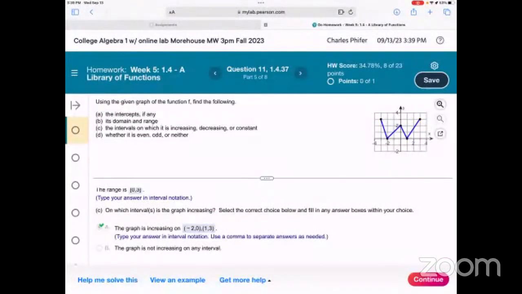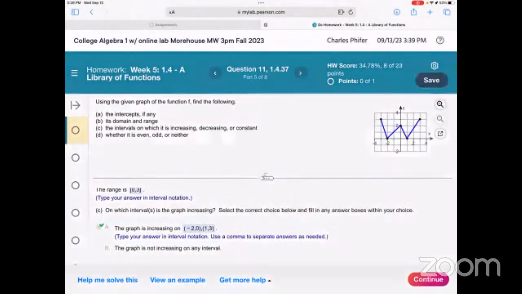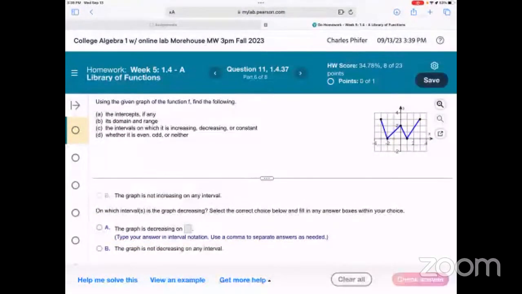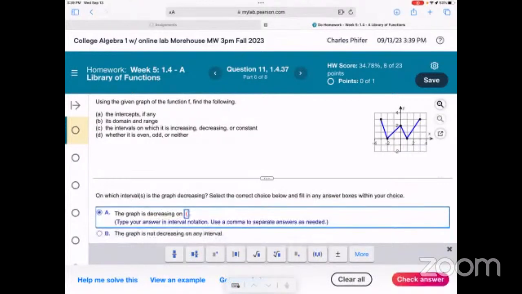Continue. Decreasing is decreasing as x goes from negative 3 to negative 2 and 0 to 1. Parentheses, we said from -3 to -2. Then as x goes from 0 to 1.